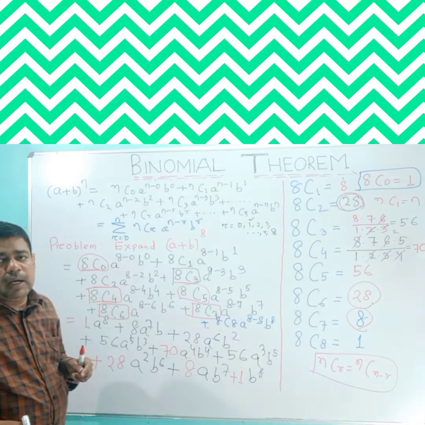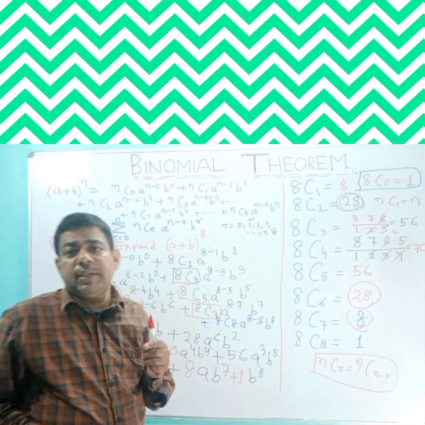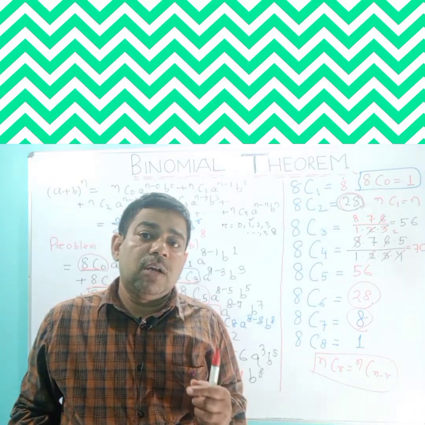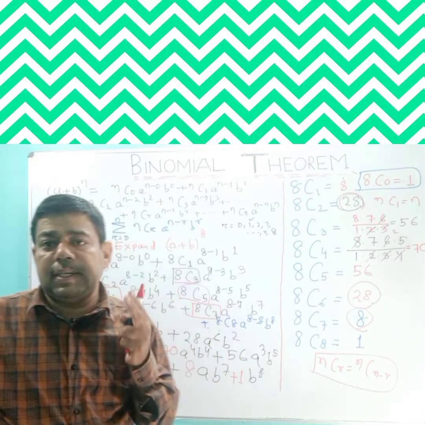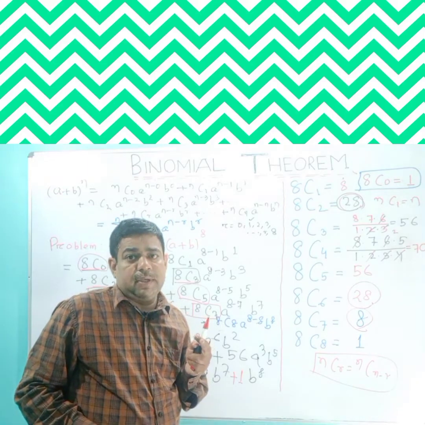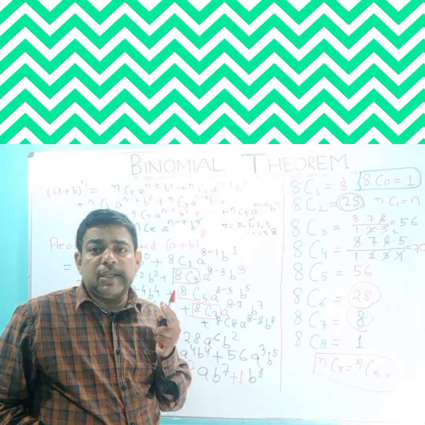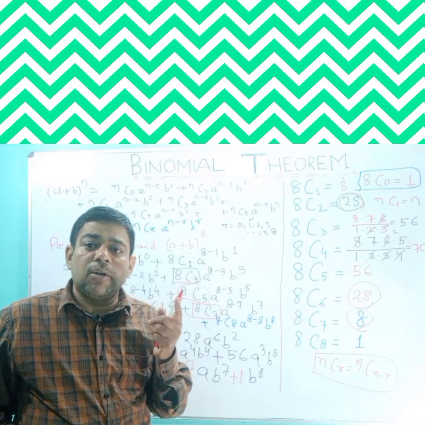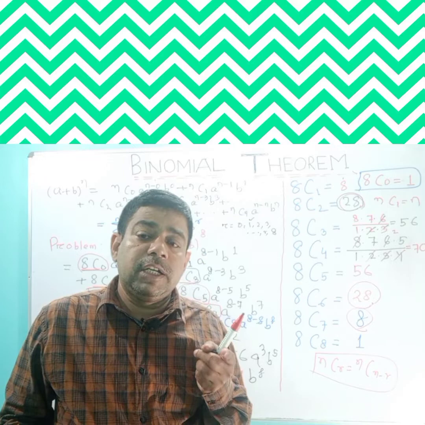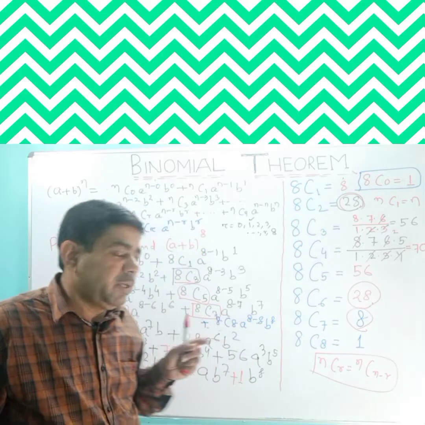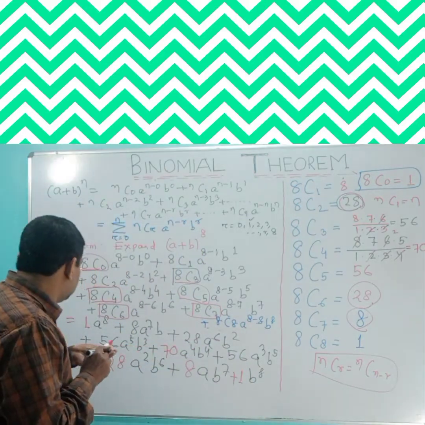In the binomial expansion, the number of terms is one more than the power. If the power of the binomial expansion is 8, how many terms does it have? You just add 1 to the power: 8 plus 1 is 9. So it will contain 9 terms.